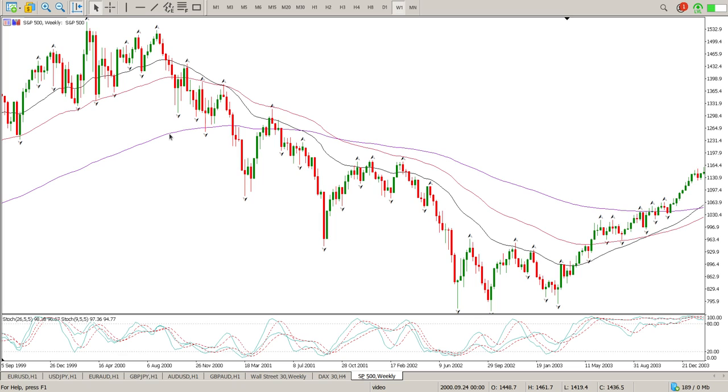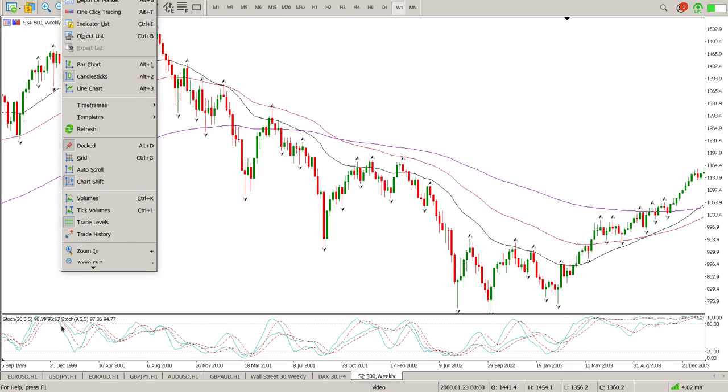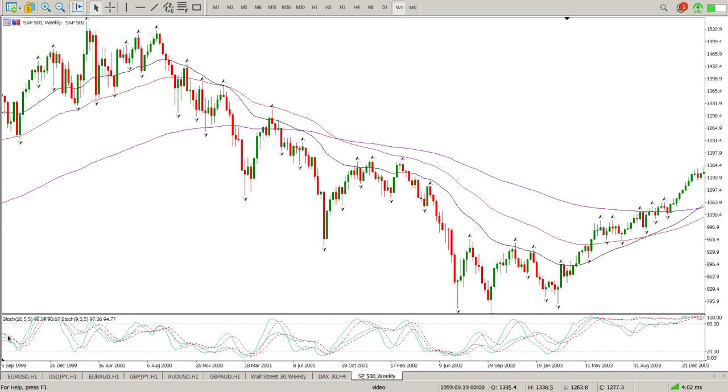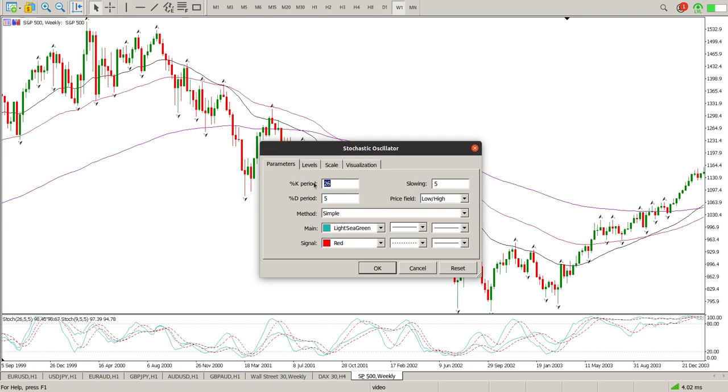Then we have something which is pretty much stolen off the Ichimoku strategy. I use two stochastics overlaid on each other. One is set to a 26 period and 5/5, this is normal settings, and the other one is a 9 period and a 5/5 as well. For those of you who don't know what the 5/5 is, let's just get to the properties, and you'll see you have a period of 26, a slowing of 5, and a period of 5.